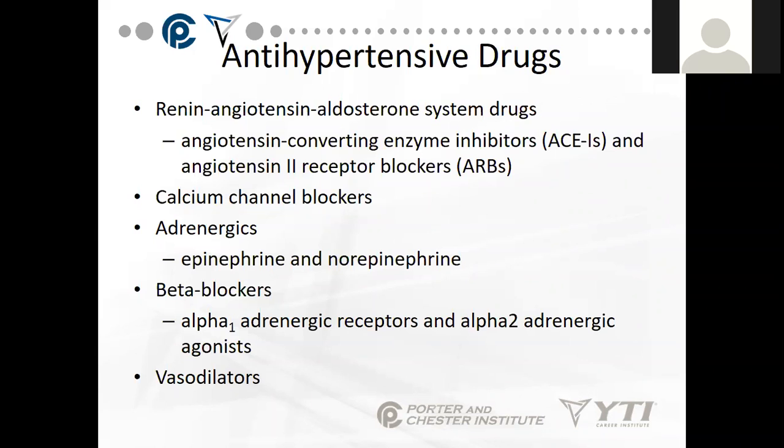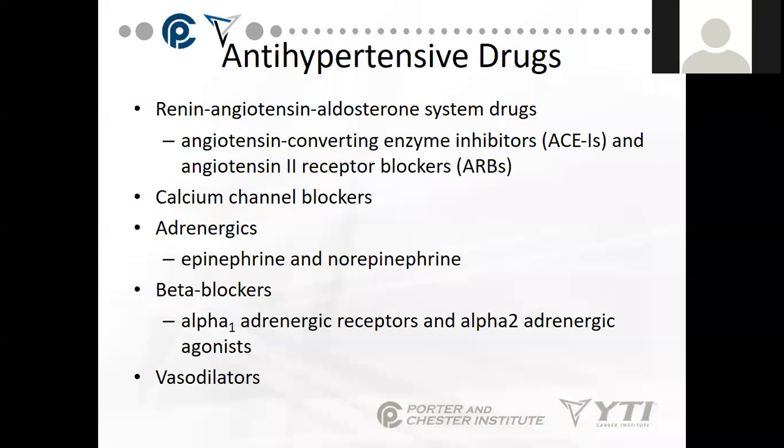In your book, it says for African American patients, the thiazide diuretics and the calcium channel blockers are used alone or in combination for best management. For patients with diabetes and chronic kidney disease, the ACE inhibitors and the ARBs are used.